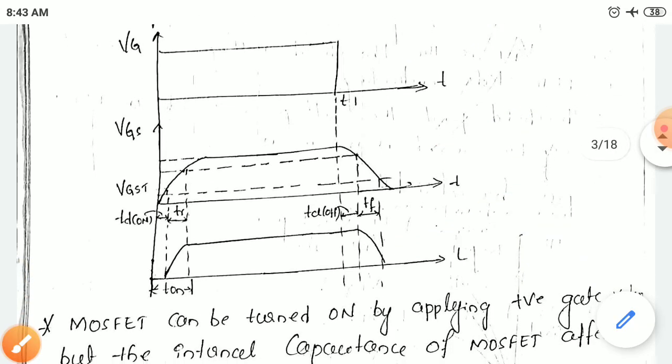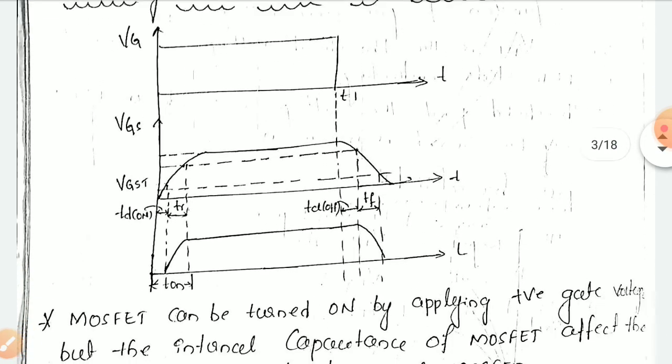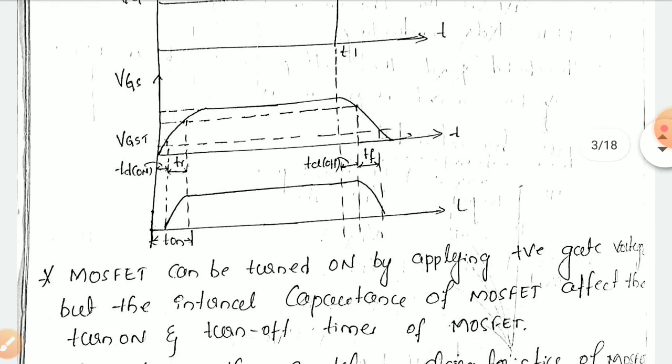So this is the switching characteristics. Here the MOSFET can be turned on by giving a positive gate pulse, you know that, and it can be turned off by giving a negative gate pulse or by switching off the gate pulse. But the internal capacitance present in the MOSFET affects the turn on and turn off.